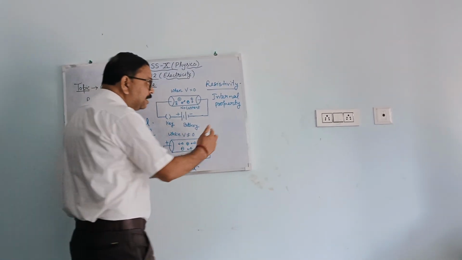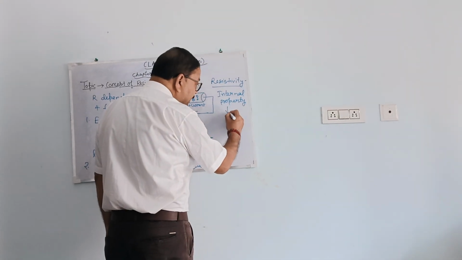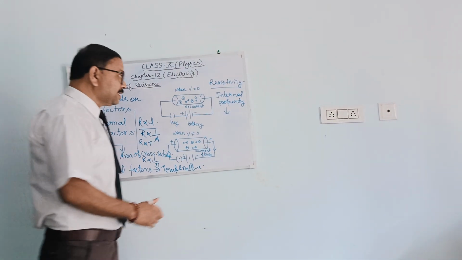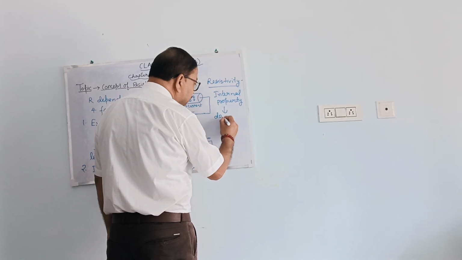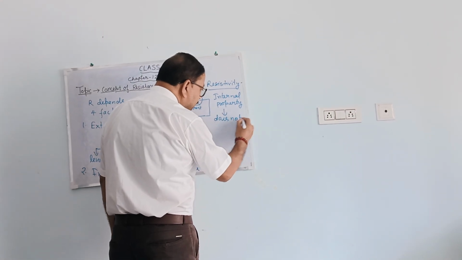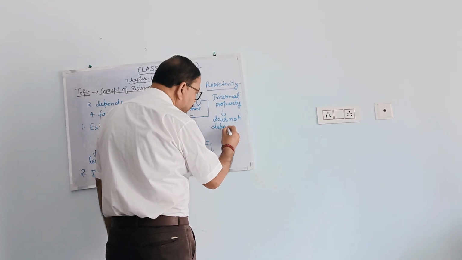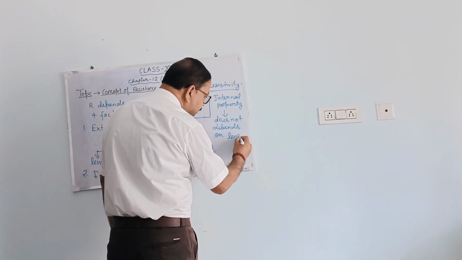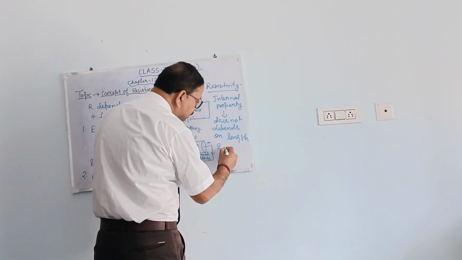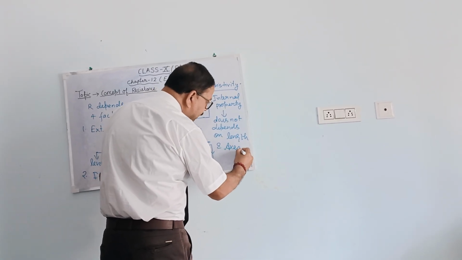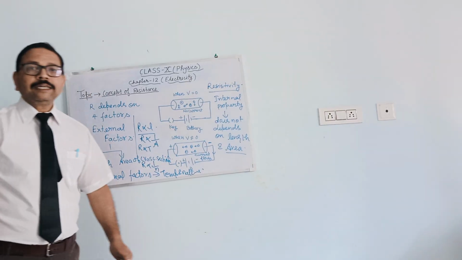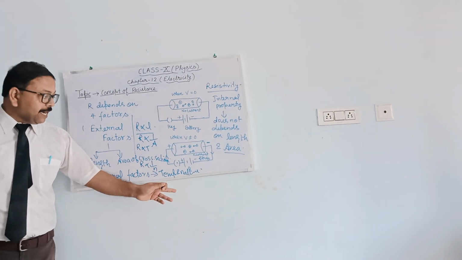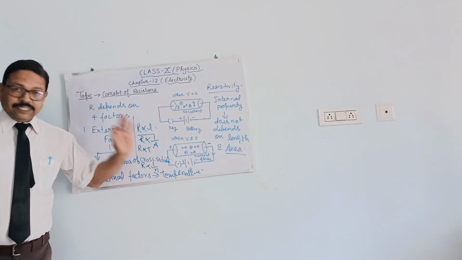If it is the internal property, then it does not depend on the external factors. It does not depend on length and area. It depends only on the temperature and nature.